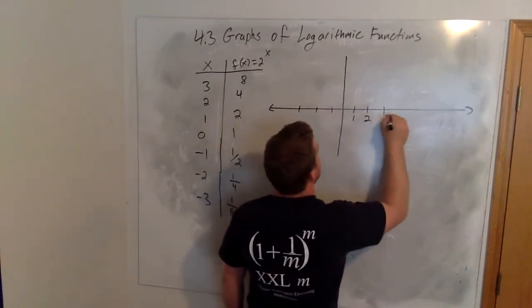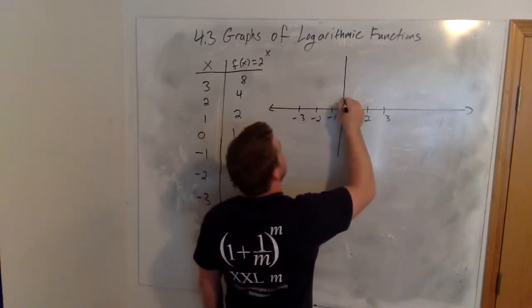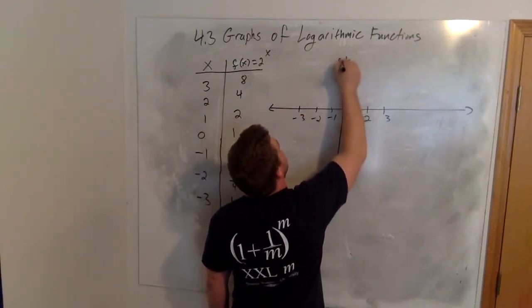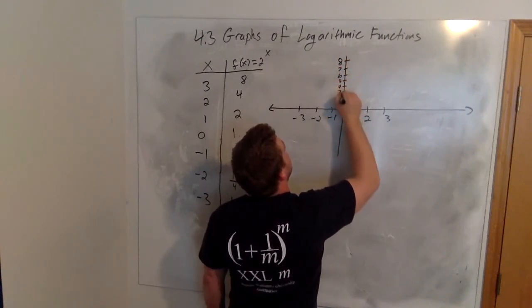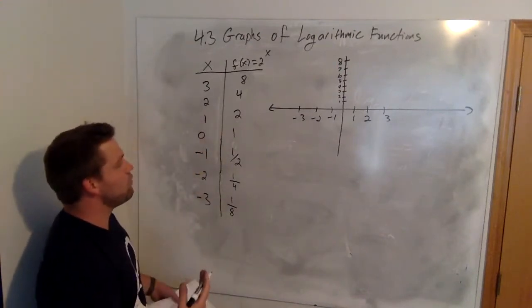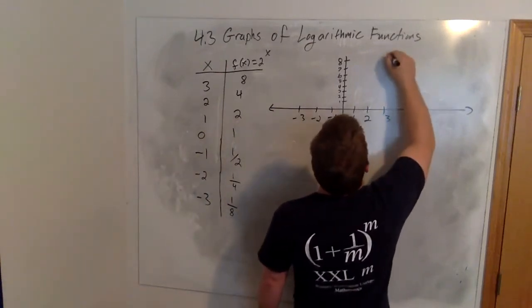1, 2, 3, -1, -2, -3. Let's see, 1, 2, 3, 4, 5, 6, 7, 8. Okay, let's plot 2 to the x. I know we've already done this, but it's going to be important when we do the inverse. So let's see here. We plugged in 3, we got an output of 8.